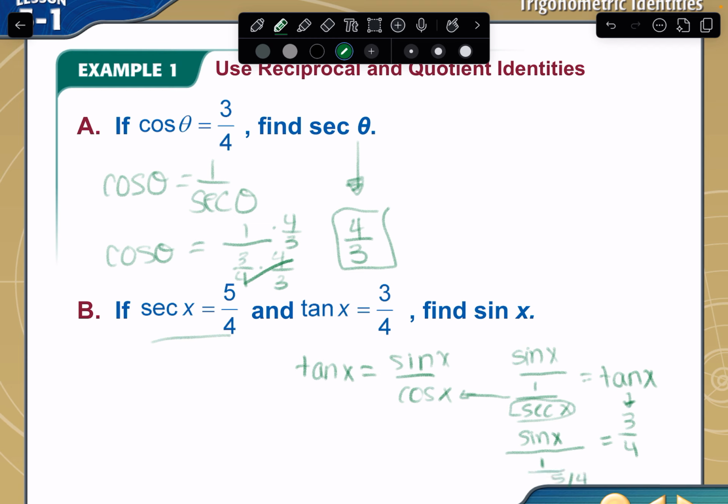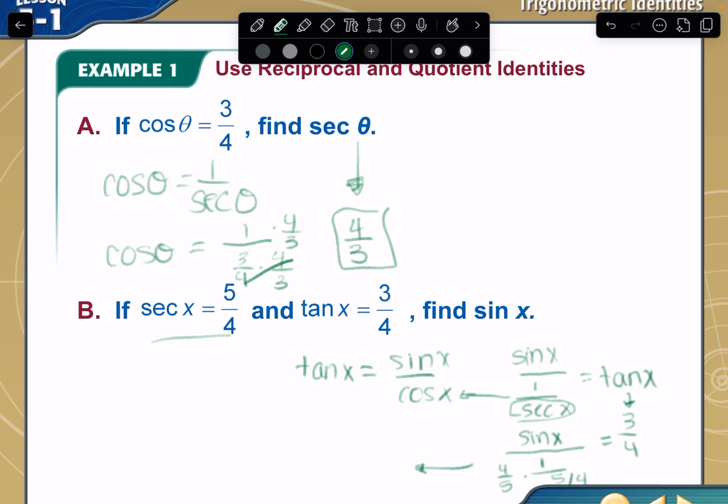Sorry, running out of space. It's kind of how your problem is going to be set up. So to solve from here, I'm going to end up multiplying by the reciprocal just on this bottom part to get this away, and then I'll explain from there.